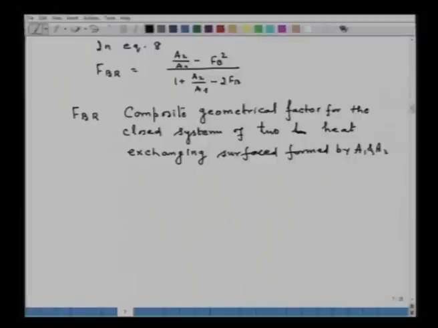So, in short, the physical meaning of this FBR is that it modifies the view factor as formed by surfaces A1 and A2.